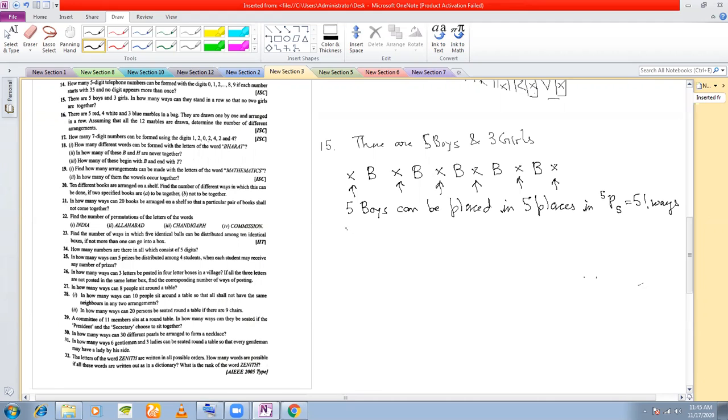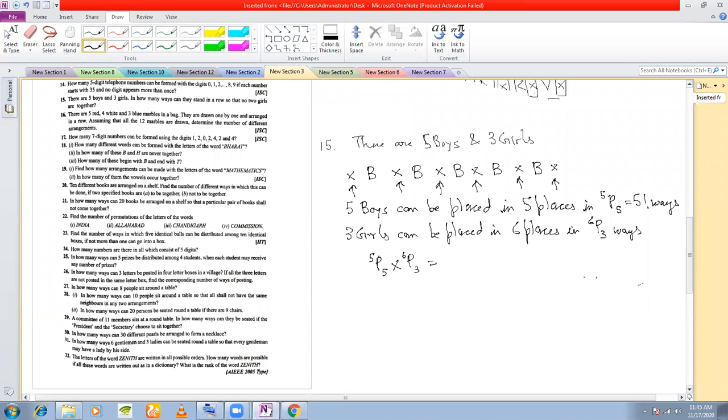So 3 girls can be placed in 6 places in 6P3 ways. Therefore the number of ways in which no 2 girls are together is 5P5 into 6P3.